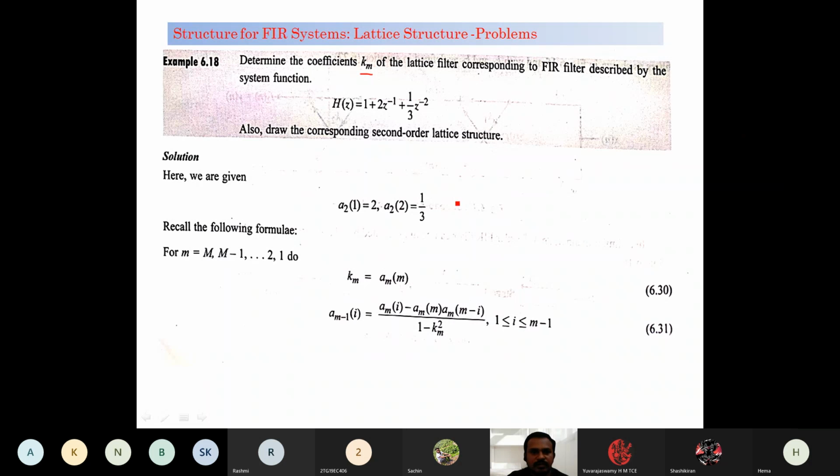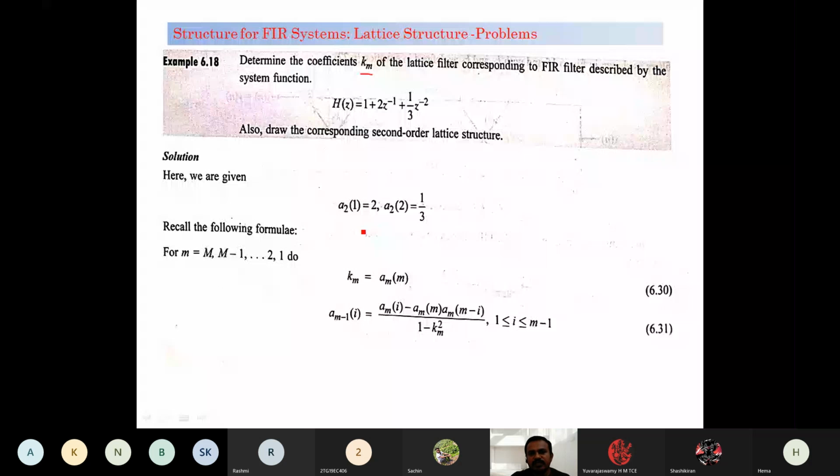For the solution, we are given a2 of 1 equal to 2, by comparing with the standard equation. A of z is 1 plus 2 z inverse plus 1 by 3 z to the power minus 2.